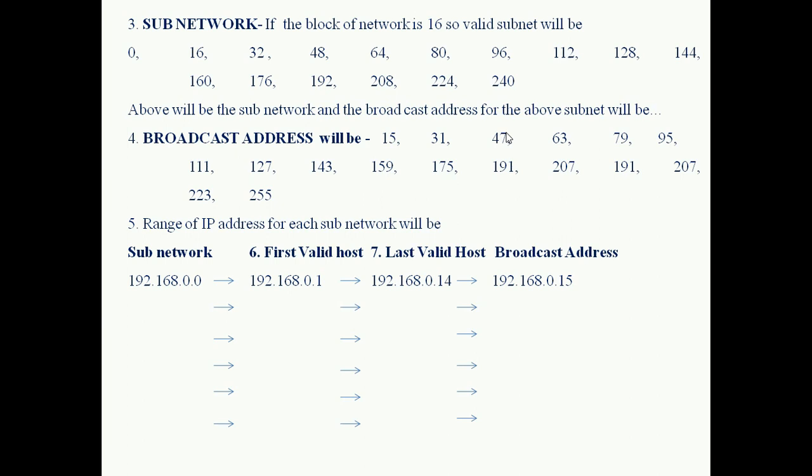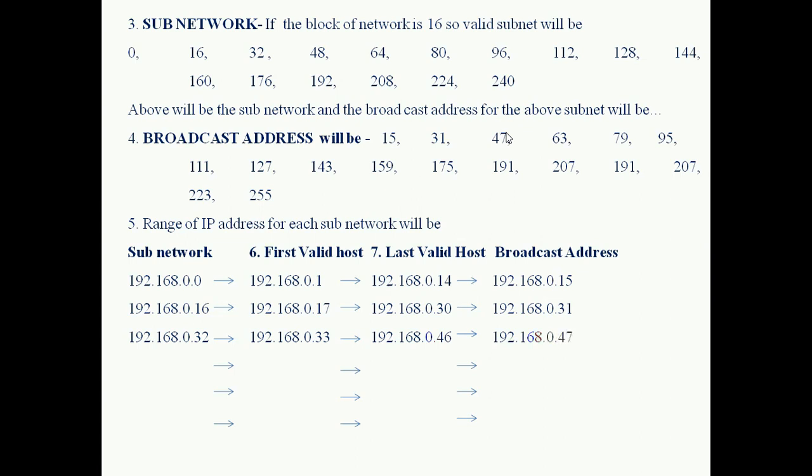This is the first 0 in our subnetwork, and the IP addresses in this network will start from 192.168.0.1, and we can assign IP addresses till 192.168.0.14, and 192.168.0.15 will be the broadcast address for this subnetwork. As we can see, the first broadcast address is 15, and so on for the further range of IP addresses.